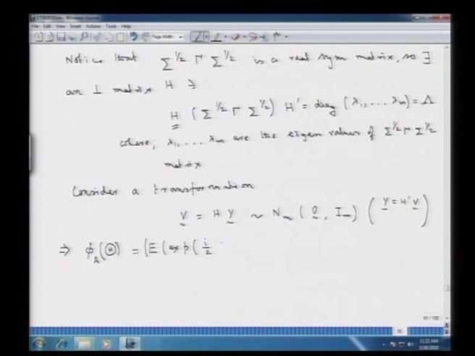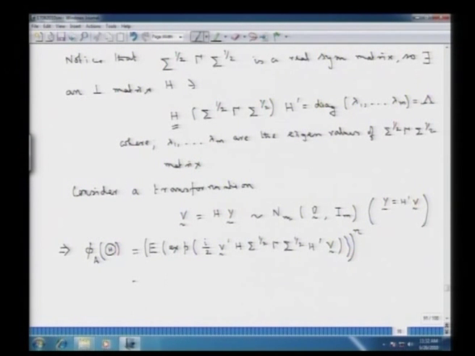So, from here what we need to look at is what is Y transpose. So, it would be V transpose H, then sigma half gamma sigma half, this remains as it is, multiplied by Y vector, and Y vector is nothing but H transpose this V vector, right. So, this is what is there in the exponent. This term closes here and this term closes here, this is raised to the power n.